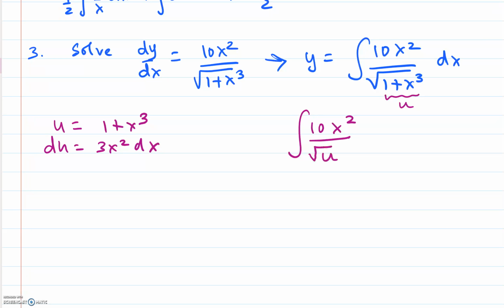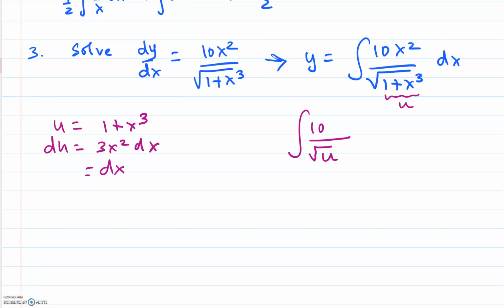This is going to become square root u, and then if I copied the 10x squared, then we have only dx left. So we're going to replace dx. In that case, I'm going to get dx alone here, or you could have got x squared dx and push the 3 along that side. I think we will do that.